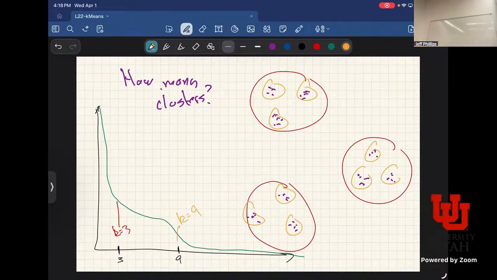It's not clear which is the right answer. It depends on the scale that you want to look at. 3 is a very reasonable answer. 9 is a very reasonable answer. Who thinks the right answer is 3? And who likes 9? Great. We had some people who liked each.